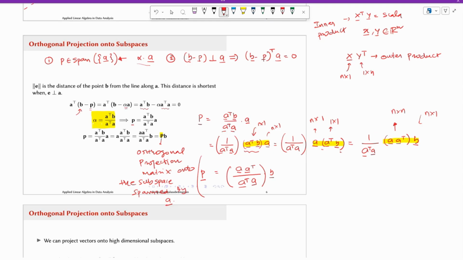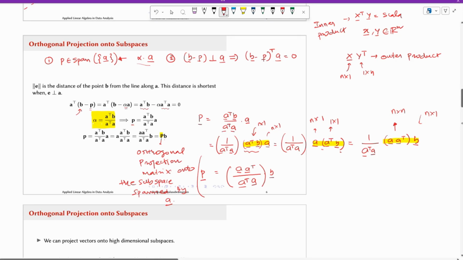Okay, so if you have the vector A and you compute this projection matrix P, then no matter what new vector B I give you, you should be able to quickly compute the orthogonal projection of that vector B onto the subspace spanned by the original vector A. All you have to do is take that vector B, post multiply by the projection matrix, and you will get P. So that matrix P essentially does this geometric operation.